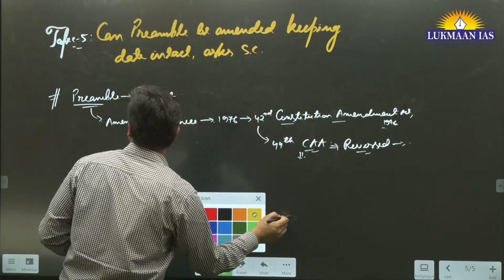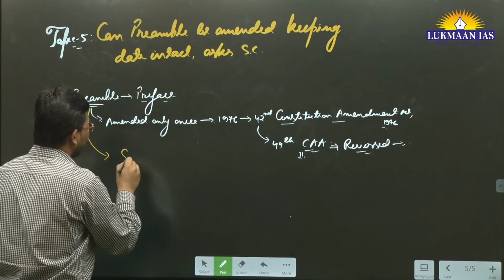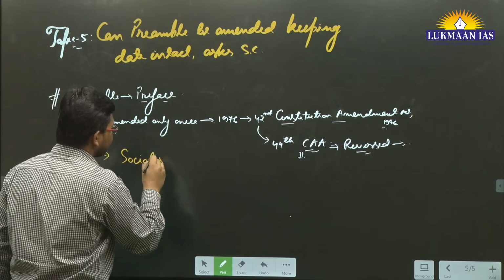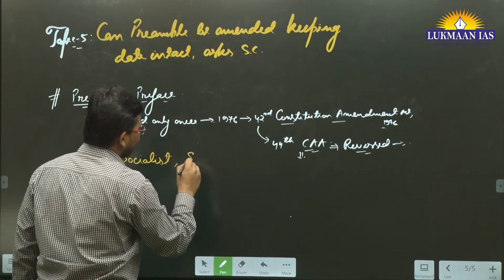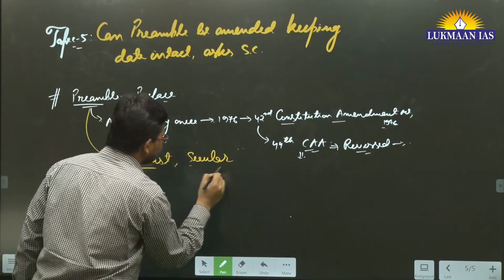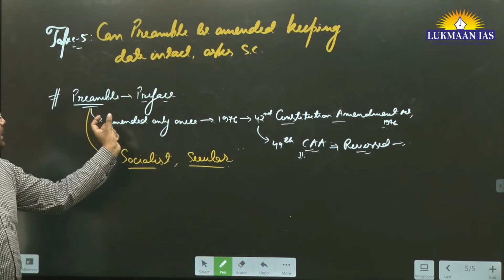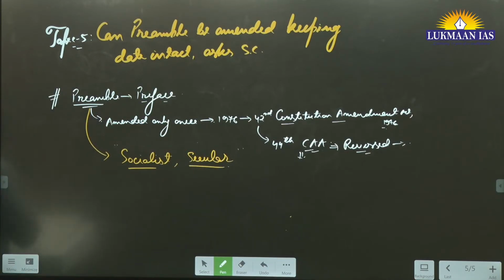In that amendment, what they have done is, they have included the words socialist and secular. These two words were not there in the original preamble of the Constitution of India. So they have added these two words in the preamble, and also they have added one more thing.